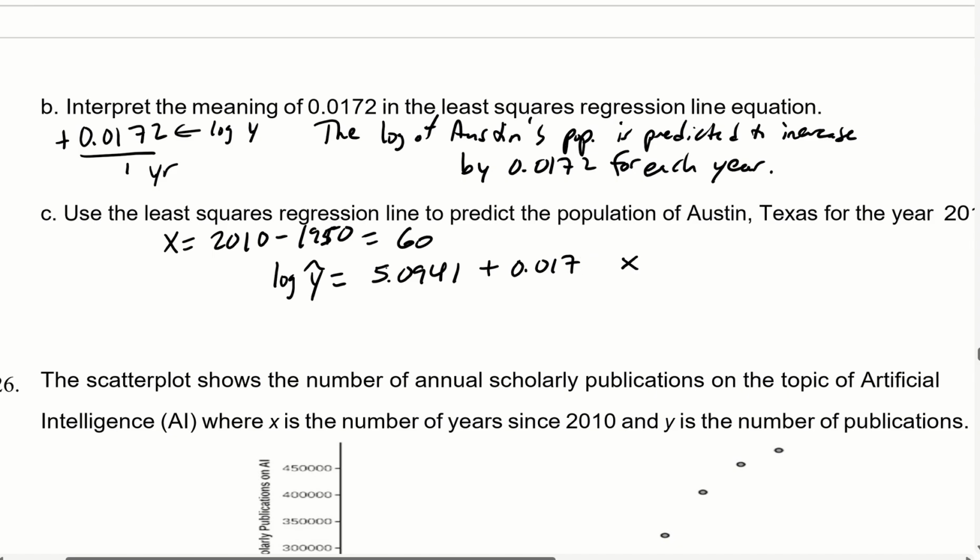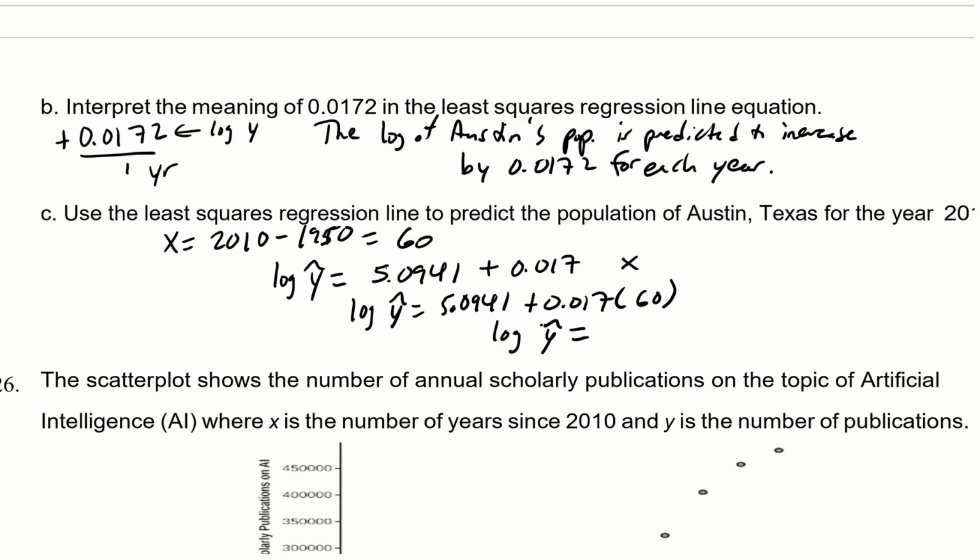Okay, so that's the model, and then we're going to plug in x. So we get log of y hat is equal to, so let's plug that in and see what we get. Okay, so 6.1141.